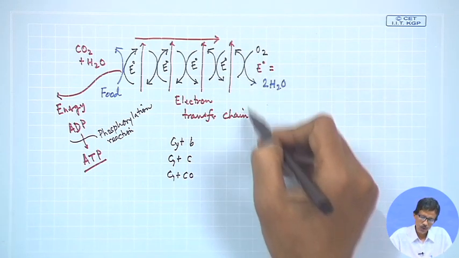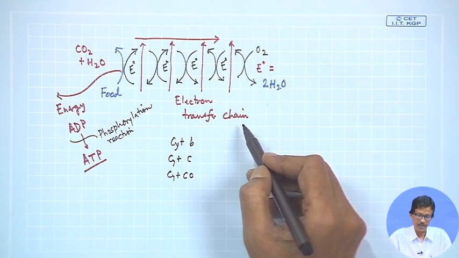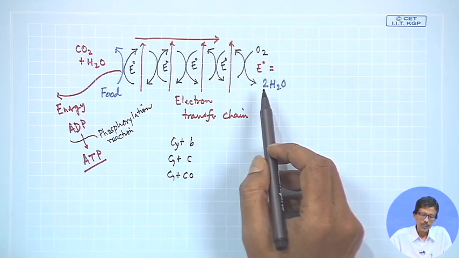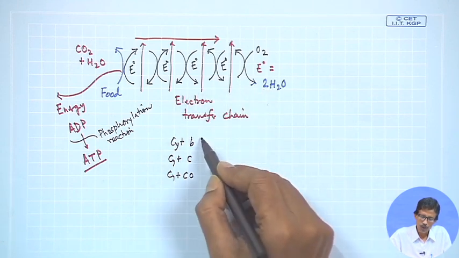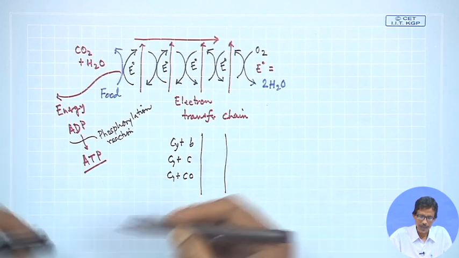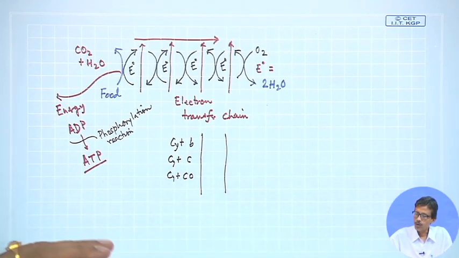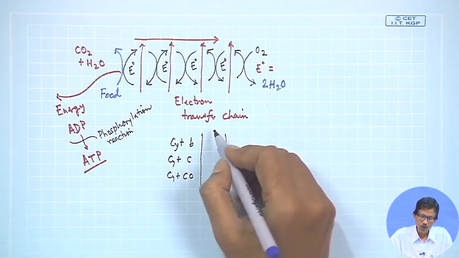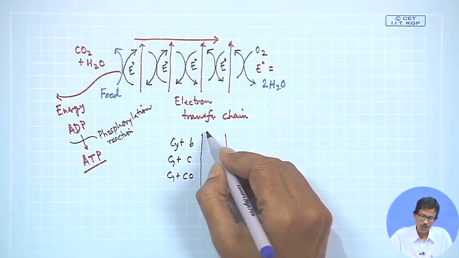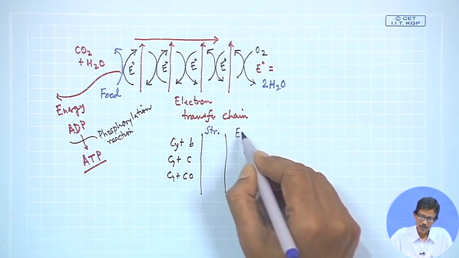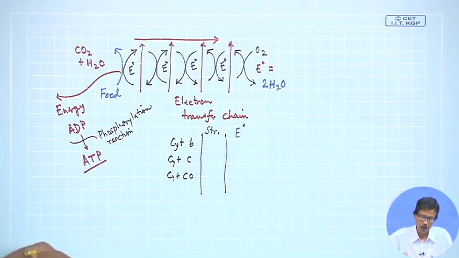At the end we have the cytochrome C oxidase, which is a very complex molecule. In terms of these E0 values, these can be labeled according to the classification of these molecules by their structures. So, B, C and CCO, that means cytochrome C oxidase, have different structures as well as different E0 values.